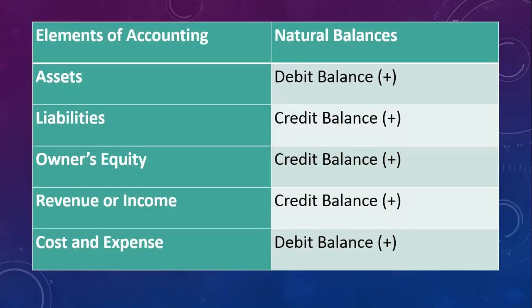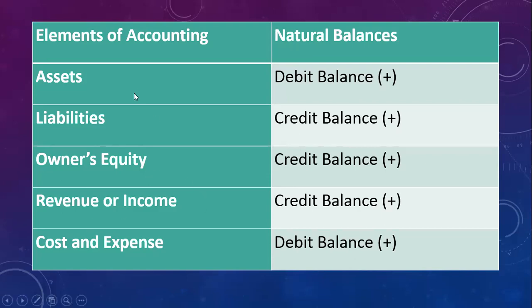Next, ito na tayo. Sa nature of balances. So, sabi nga ng iba, nalilito sila pagdating doon sa debit and credit. So, paano mo nga ba malalaman pag ang asset ba ay debit or credit? Okay?